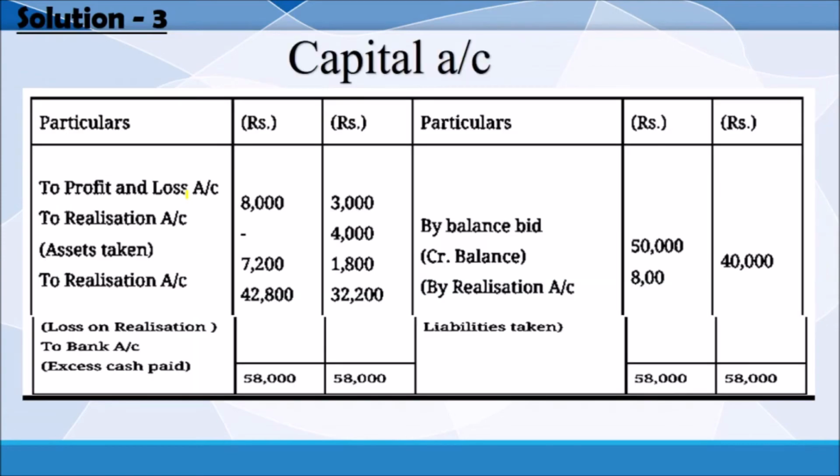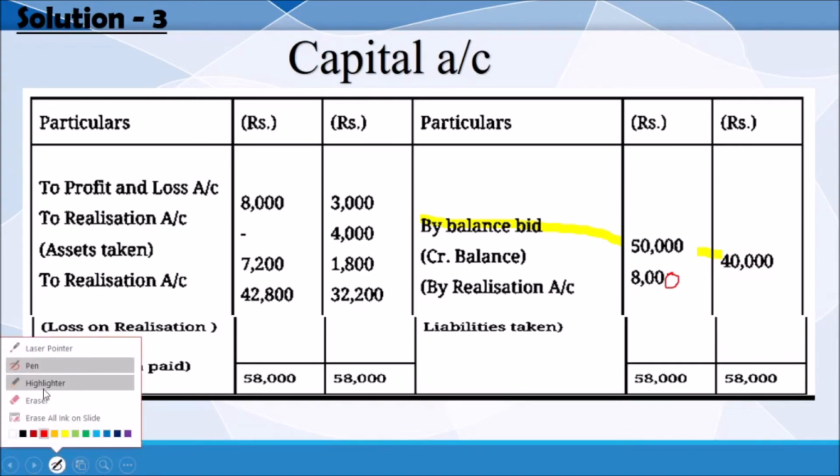Next, we have to prepare the capital account of each partner. By balance brought down 50,000 and 40,000. By realization, it is 80,000. By realization, the liability taken 80,000 and 8,000.